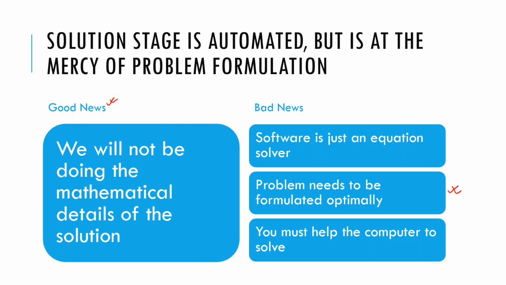It doesn't work most of the time, so we have to make sure that we formulate the problem in a way that is a bit easier for the computer to solve.